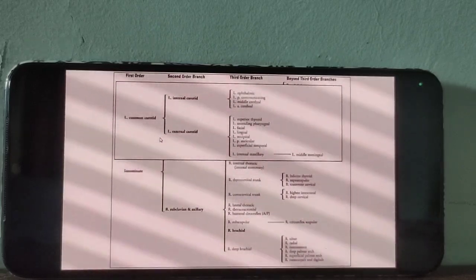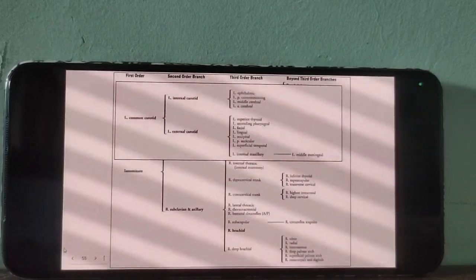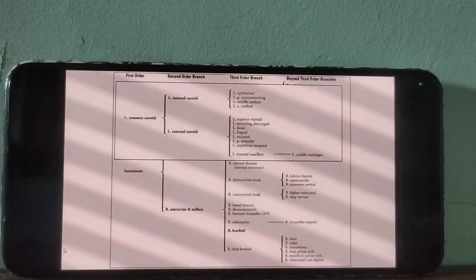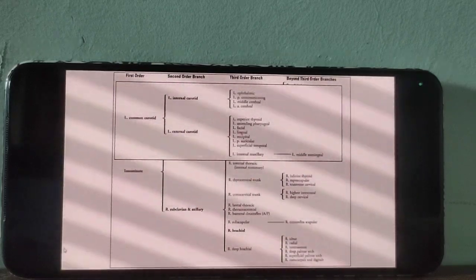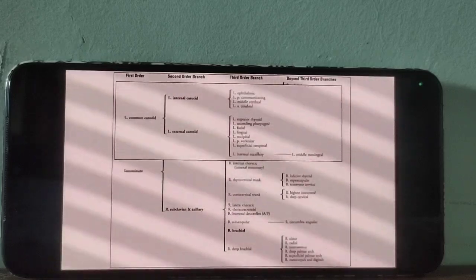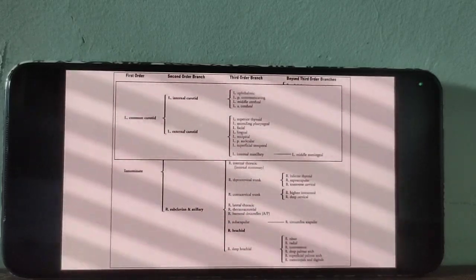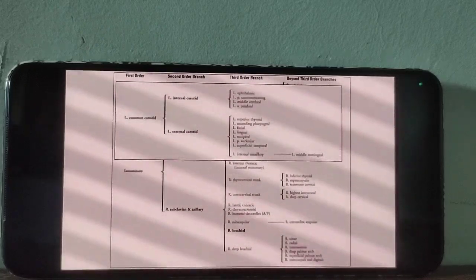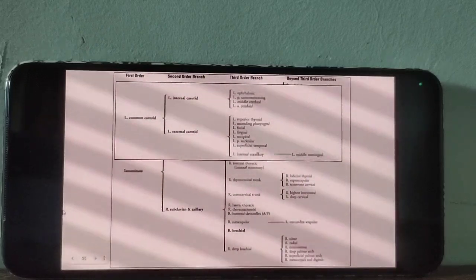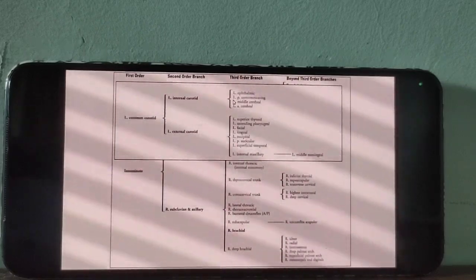Based on the entry site, first you have to check whether the catheter is selective or non-selective. Then based on the termination point, you have to select the appropriate order.